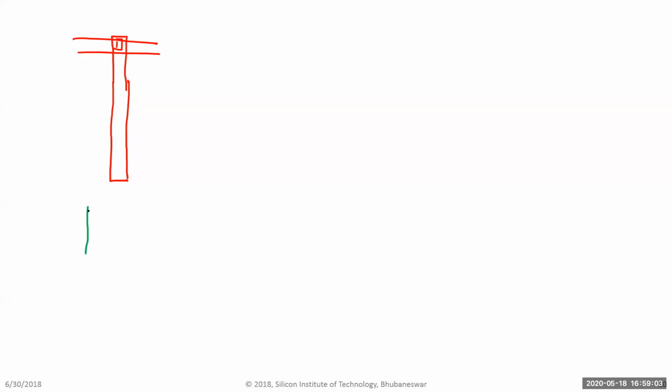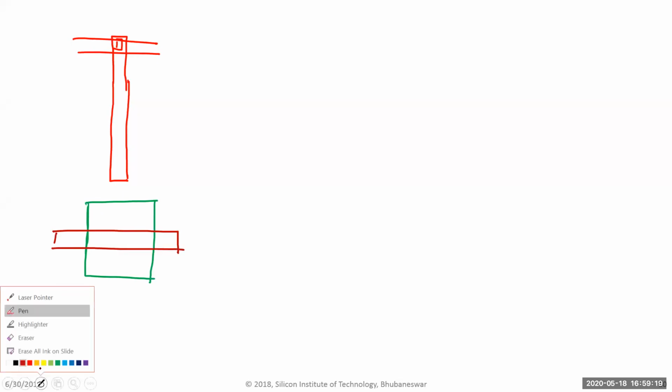So you'll have your diffusion, and you'll have your gate. Then the connection: you make one connection here and put a via, so that's metal 1, let's say, and that's the drain of your NMOS.